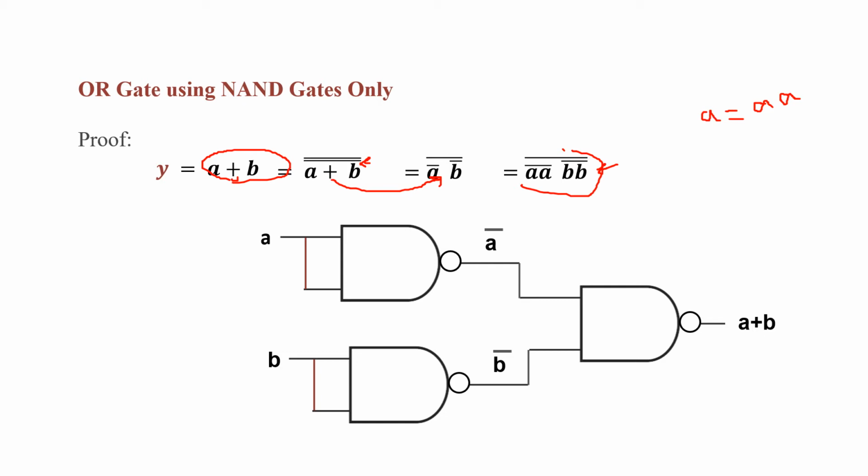The first one acts as a NOT to give me NOT A. The second one acts as another NOT gate to give me NOT B. And here, this NAND gate is actually taking NOT A, NOT B bar, which if I apply De Morgan's law is going to be equivalent to A or B, which is what I am looking for.